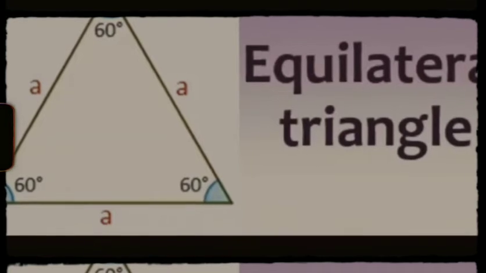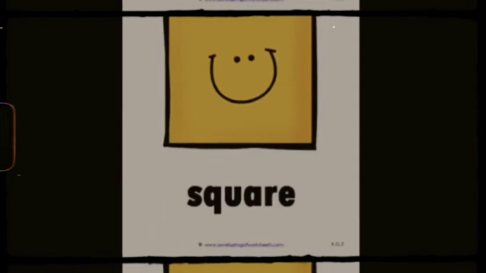Regular polygons tessellate if the interior angles can be added together to make 360 degrees. There are only three types of regular tessellation: equilateral triangle, square, and hexagon.